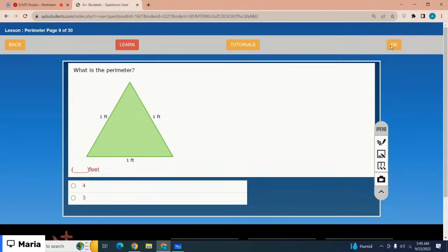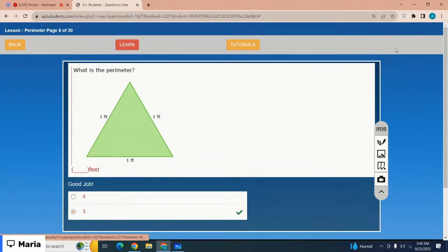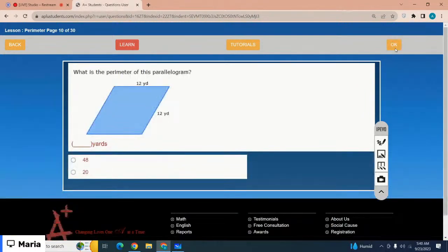Okay, what is the perimeter? The correct option is 3 feet. Okay, what is the perimeter of the parallelogram?